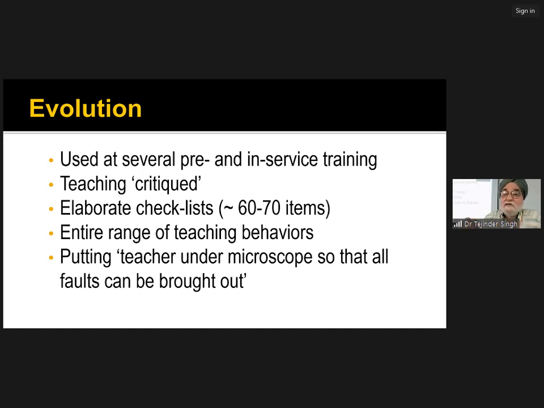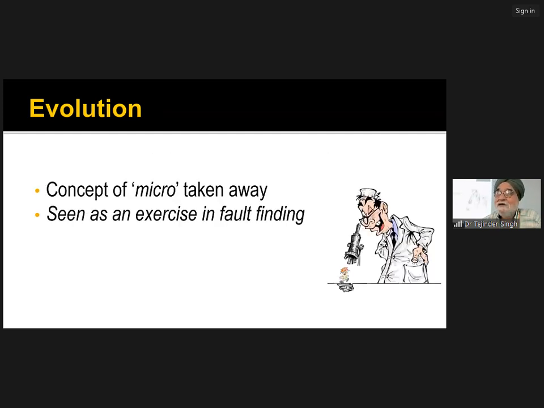What you specifically wanted to improve got lost somewhere. So much so that one very senior professor described micro teaching as putting the teacher under a microscope so that all the faults can be brought up. Now, that is, I think, the anticlimax.